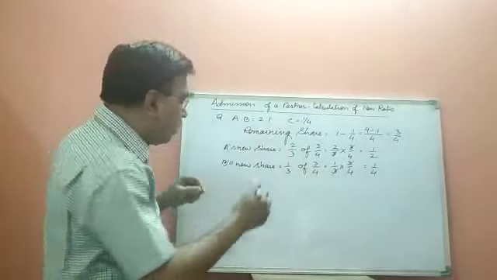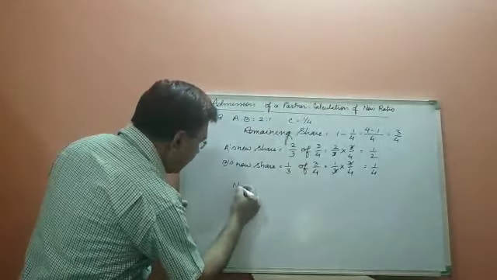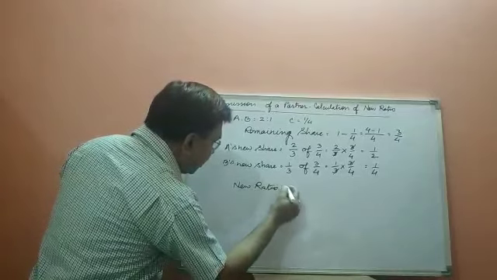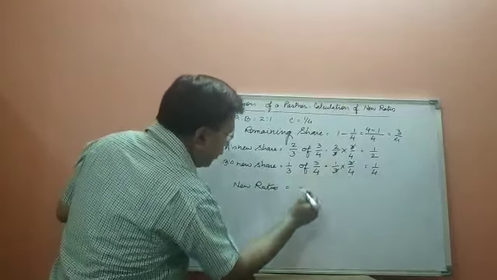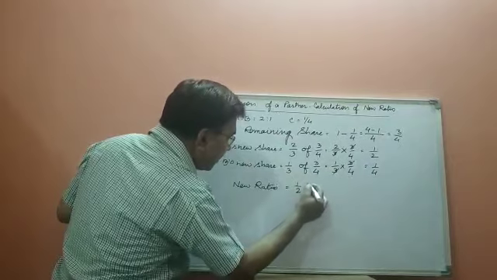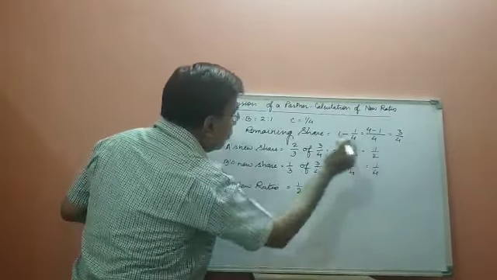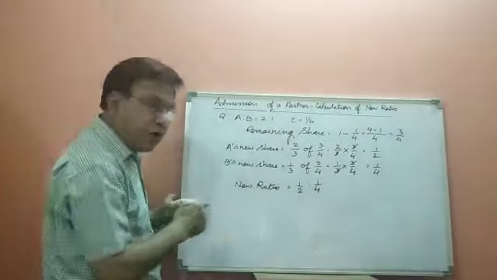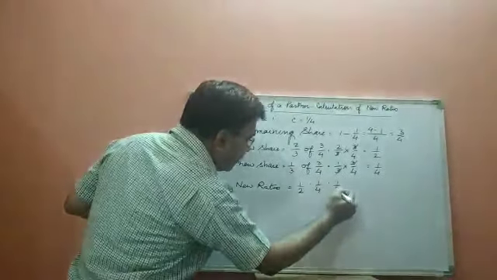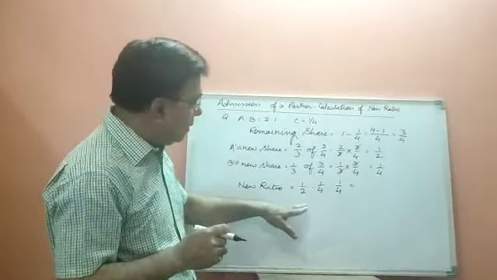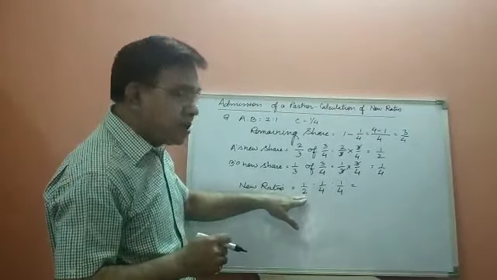So new ratio is 1/2 A is to 1/4 B is to C has come for 1/4. It can be further simplified by making this denominator 4.